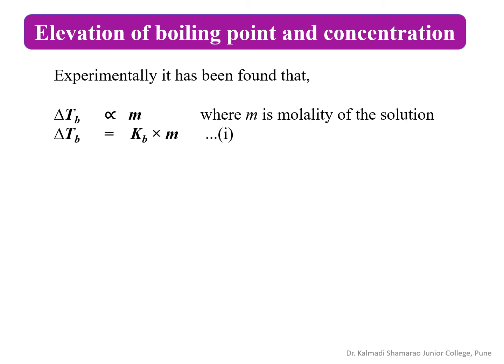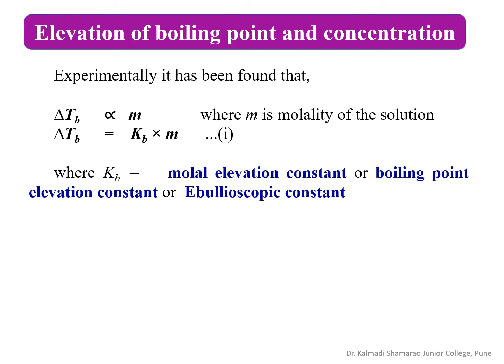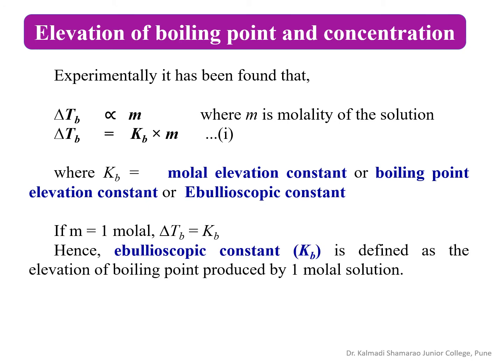Therefore, delta Tb is equal to Kb into m, where Kb is a constant of proportionality which is called molal elevation constant or boiling point elevation constant or ebullioscopic constant. If molality of the solution is 1, delta Tb is equal to Kb. Hence, ebullioscopic constant Kb is defined as the elevation of boiling point produced by a 1 molal solution.